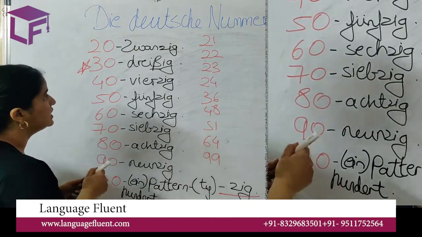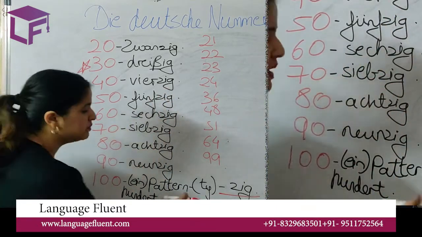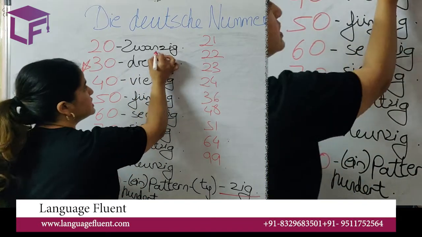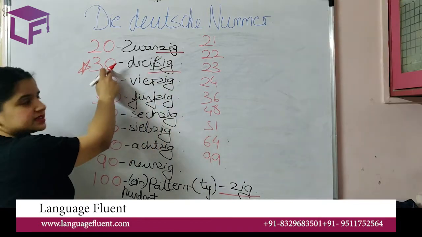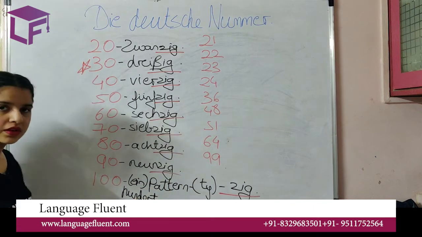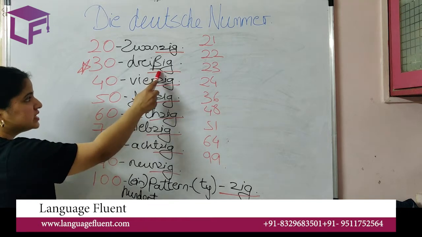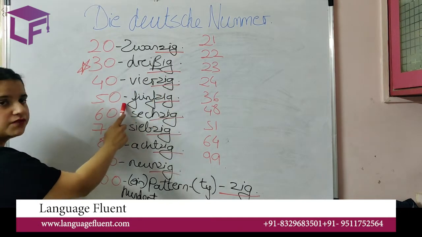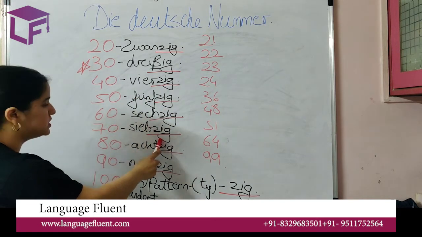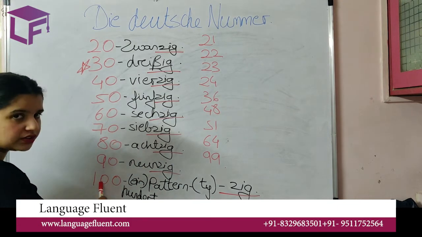So we can clearly see here that, as I've said before, there's a pattern that keeps on repeating. If you remember this, it will be easier to understand the big numbers. So zig, only 30 is an exception. Okay, so 20, 30, 40, 50, 60, 70, 80, 90, and 100.